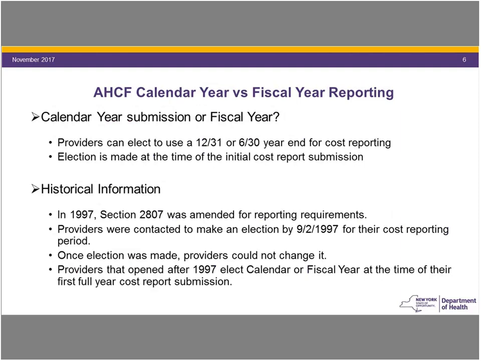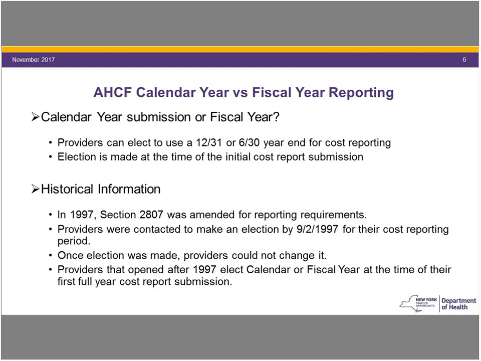One of the other things that we get questions on is the calendar year versus the fiscal year reporting. Providers can elect to use a December 31st or a June 30th year-end for cost reporting, and that election is made at the time of the initial cost report submission. I do believe this causes confusion for some of the dual providers because the CFR, which is what is submitted for the mental hygiene services, actually works a little differently.